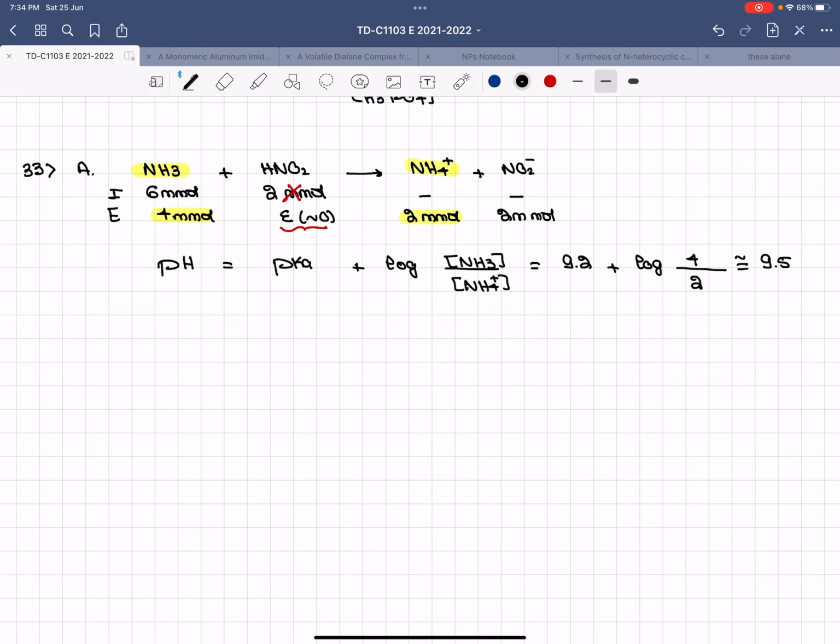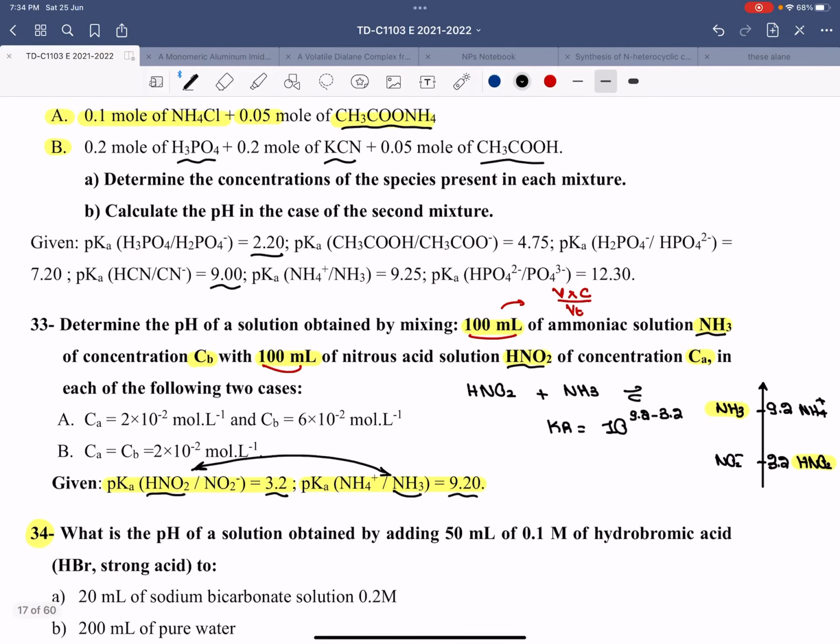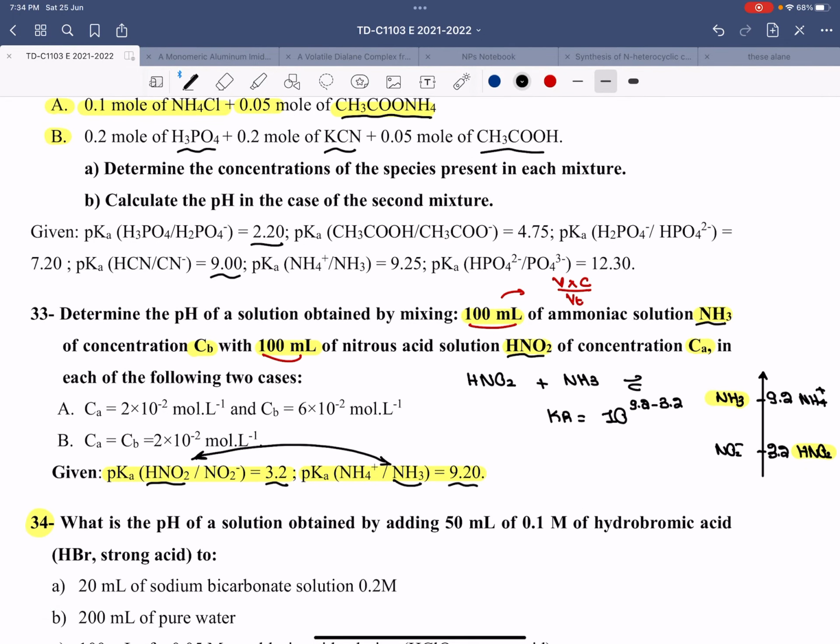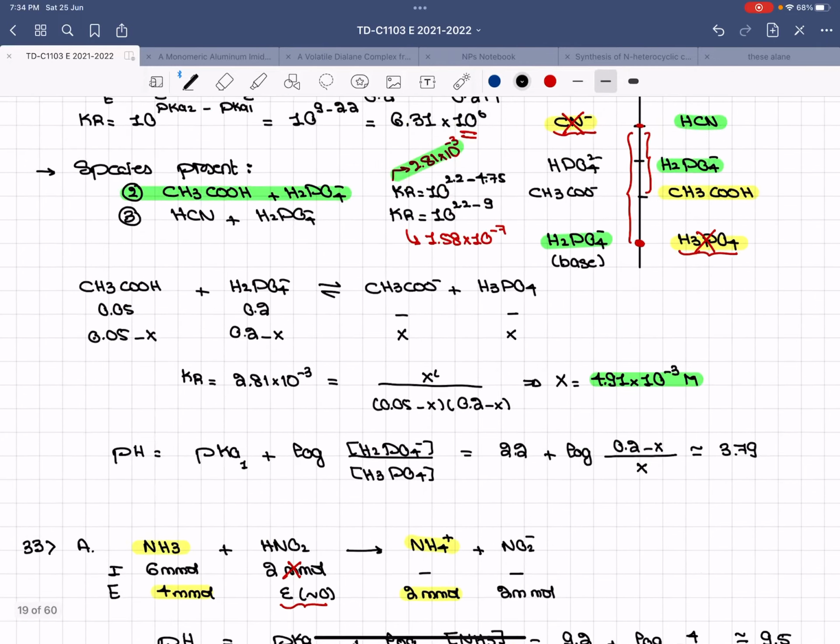In part B, you have the same question. Let's write it. NH3 plus HNO2 to give NH4 plus and NO2 minus. The only difference is I think this time the concentrations are both equal, 2 times 10 to the power negative 2.